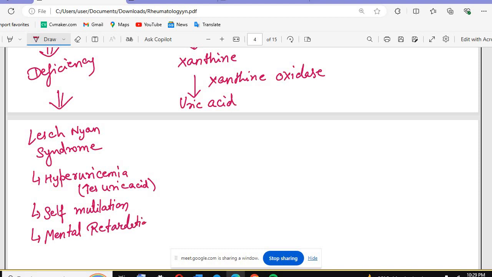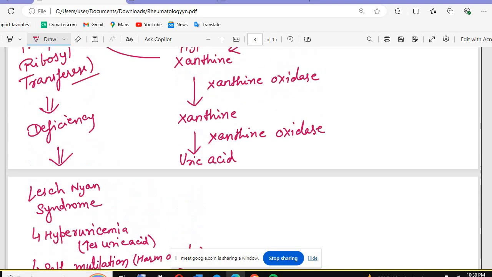Self-mutilation is basically seen in children, so the child will harm himself. In Lesch-Nyhan syndrome, the child will bite his lips, he will bite his fingers or her fingers. So that is the self-mutilation, and other than that you will see the mental retardation and the hyperuricemia.